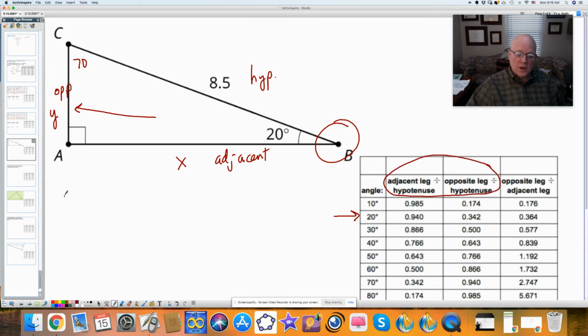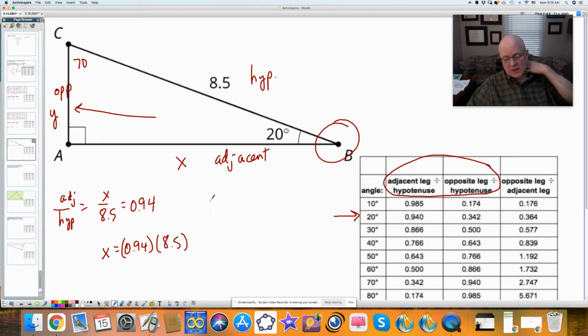When I do adjacent over hypotenuse, that's going to be X over 8.5. And the adjacent over the hypotenuse for a 20-degree angle is 0.94. So I could solve for X. It would be 0.94 times 8.5.